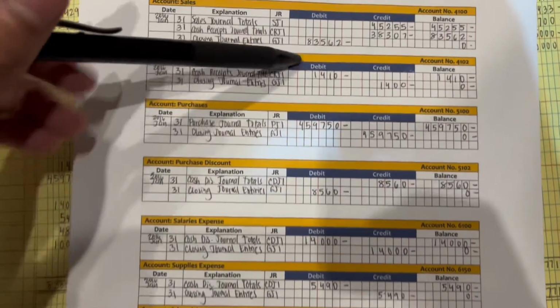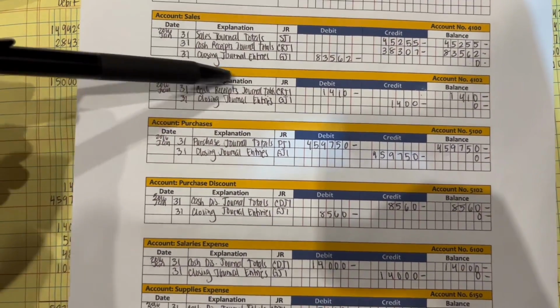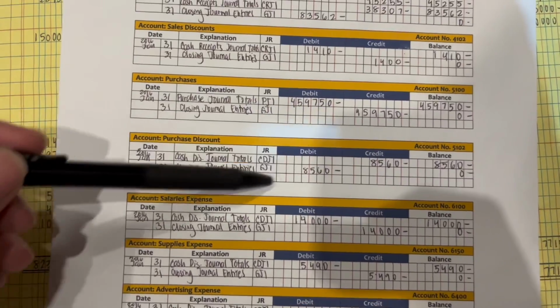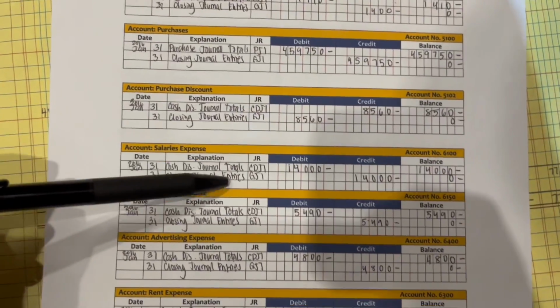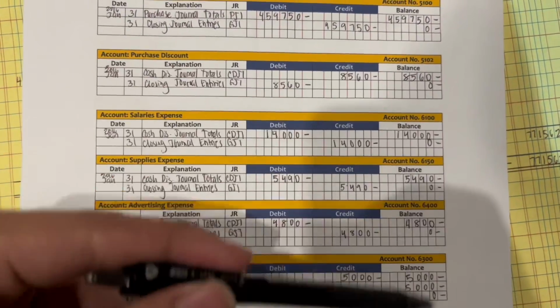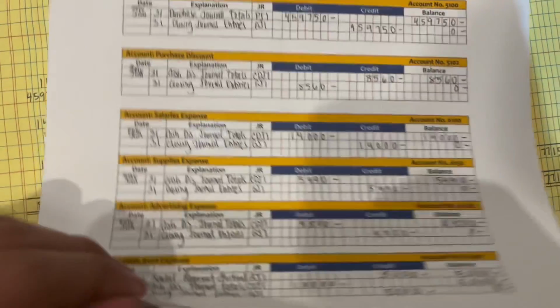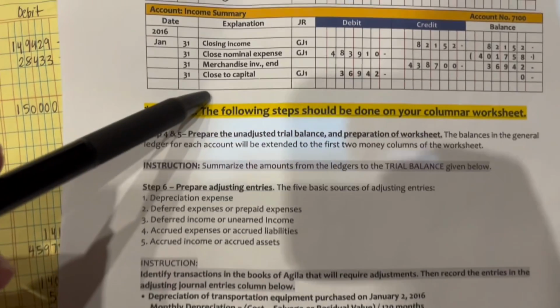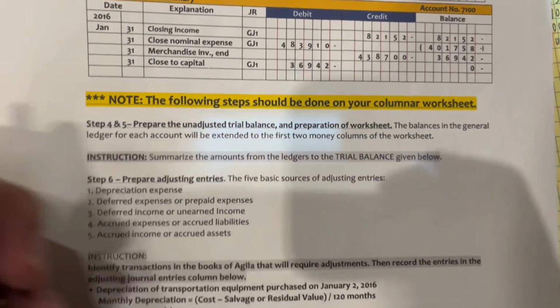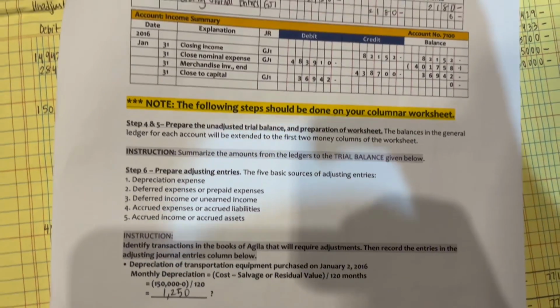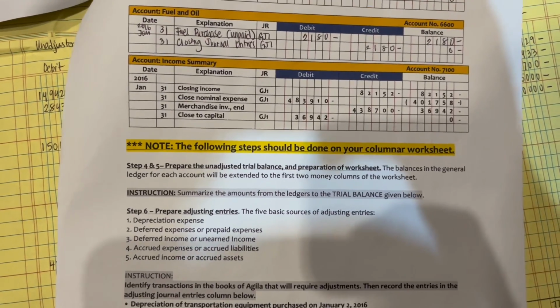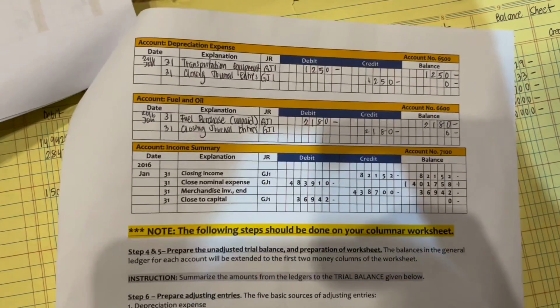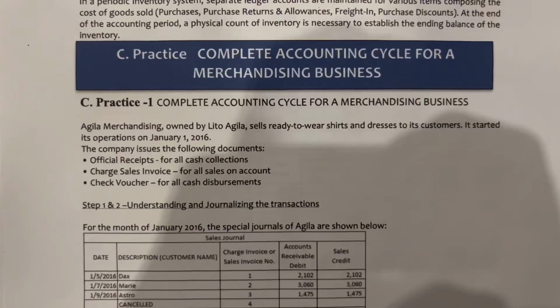So here are the accounts, the sales discounts, the purchases, and the expenses, all are back to zero. And it is closed to capital, zero. So we are ready for a new accounting cycle for Aguila Merchandising.